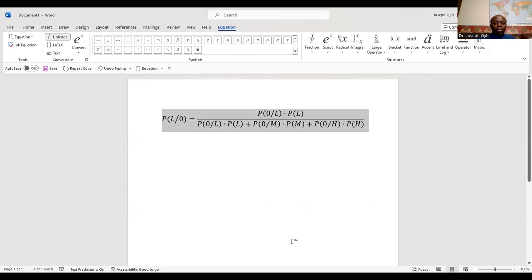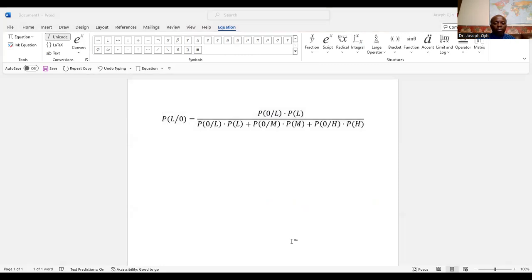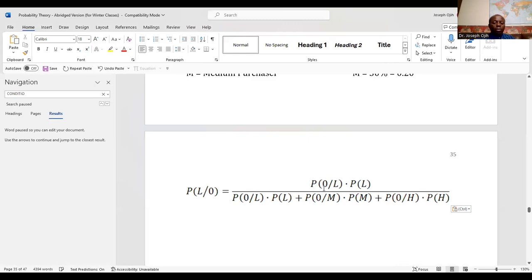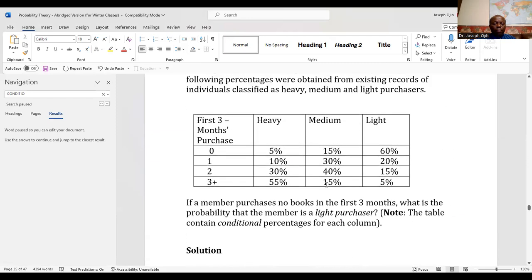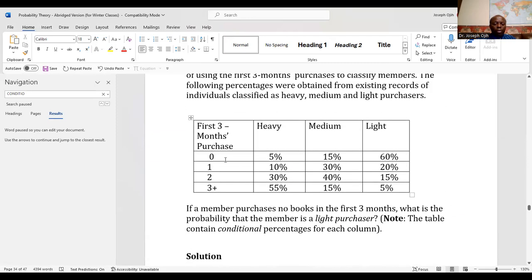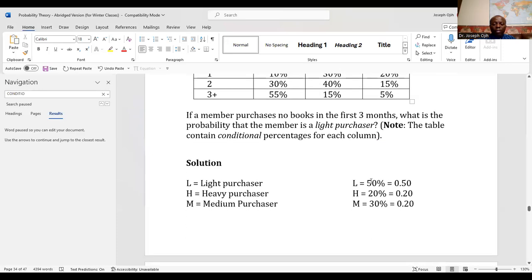And I can show you the individual probabilities so you can see what you're about to put there. So the probability that the member bought no book, given that it's a light purchaser, is 60%. Times the probability of light purchaser, we have it here, it's 0.5.